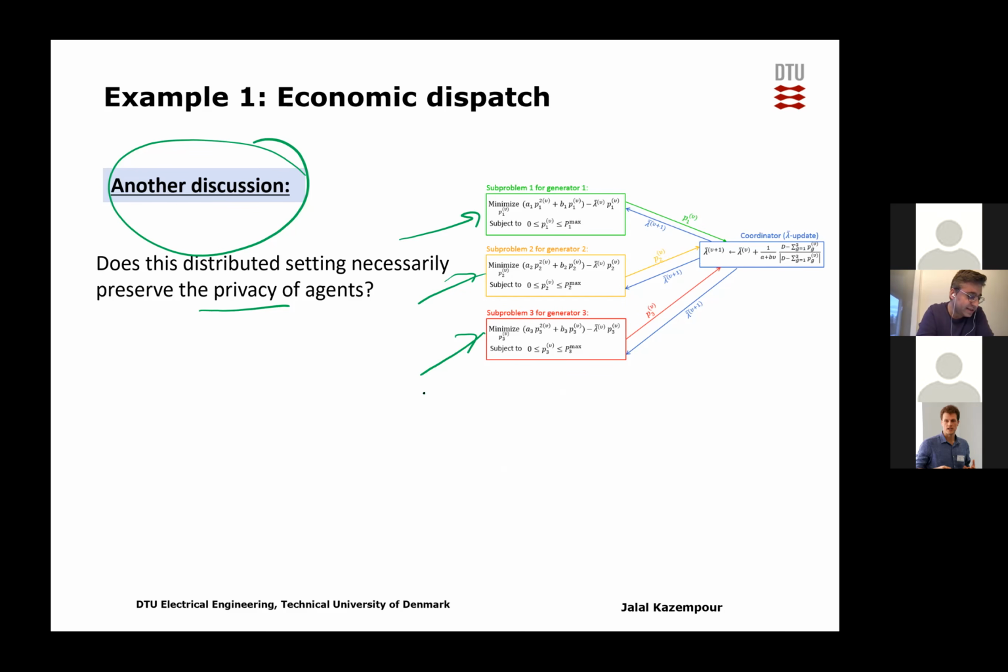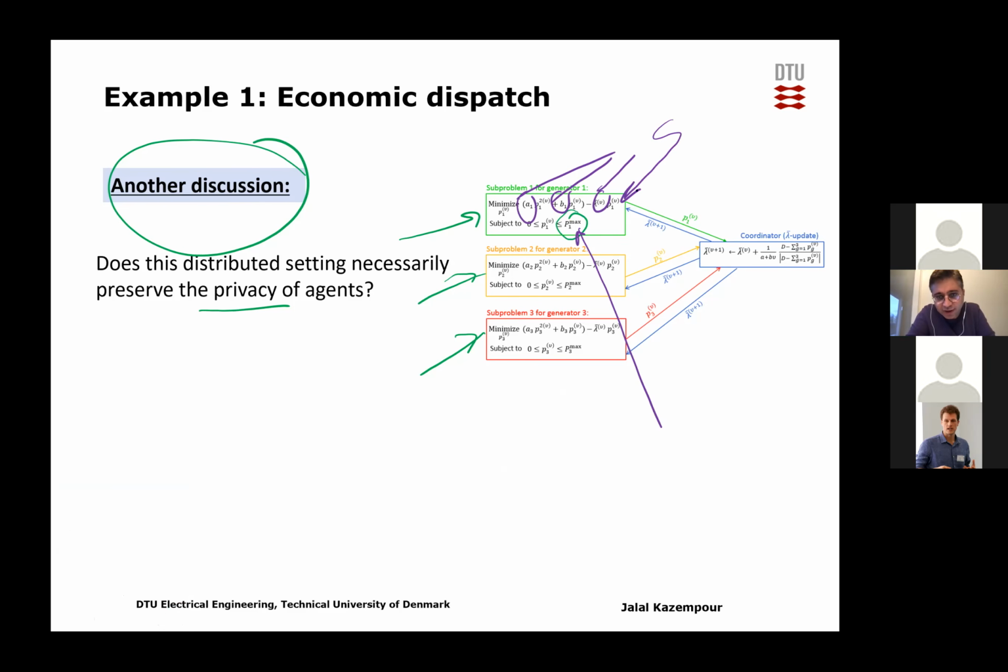If we assume Pmax 1, the capacity of generator 1, or the cost function of generator 1, this generator doesn't share that information with generator 2 or 3 or the auctioneer. So this is why there is a belief that any distributed optimization algorithm preserves privacy.